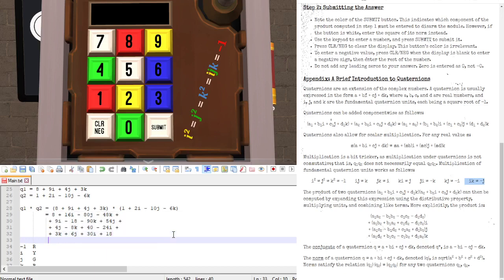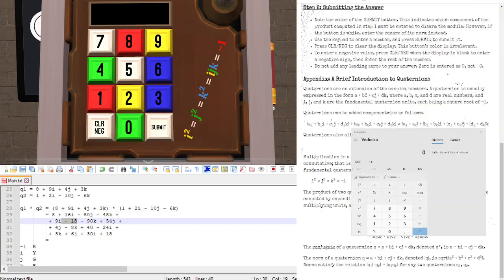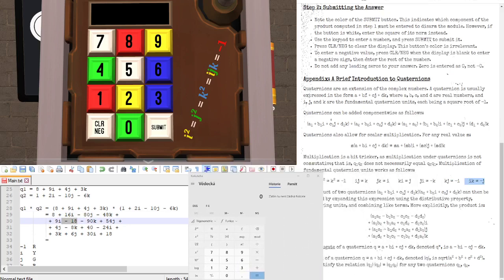But of course, we are not finished yet, we need to actually calculate the sum. So let's add the real parts first, those that don't have any imaginary units. So 8 minus 8, I'll put the calculator now. I'll put it here so it's not hidden anywhere.